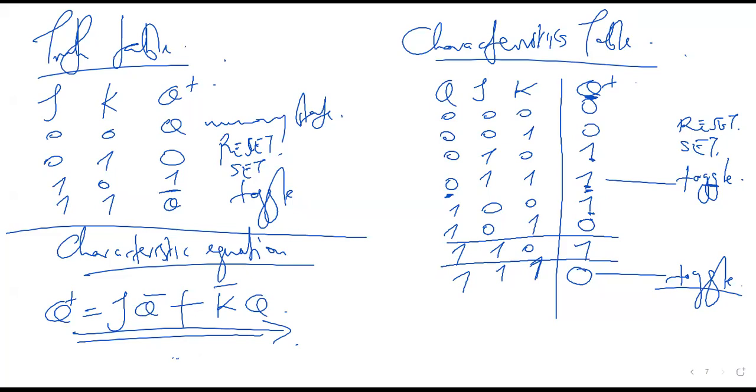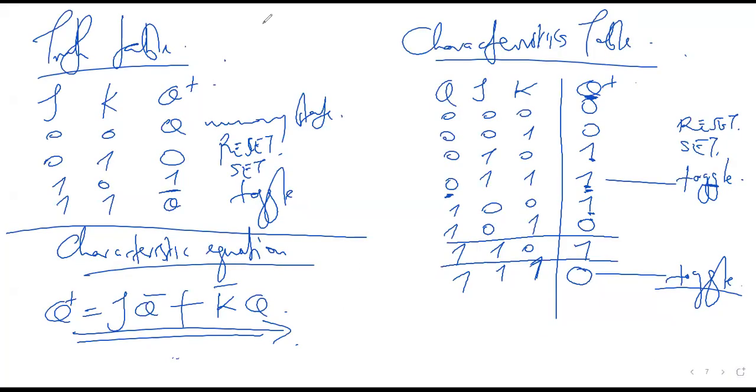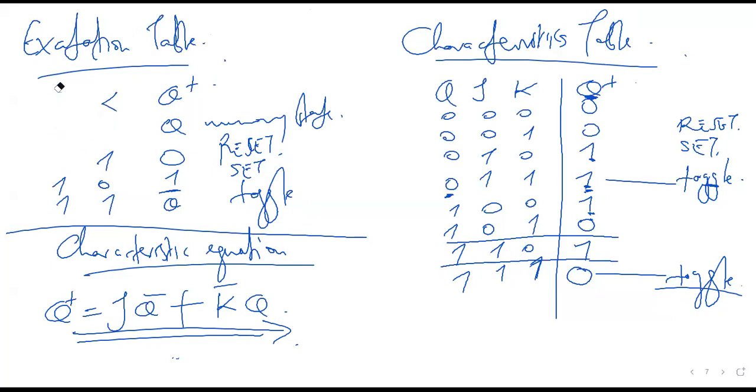Now, I can go on to find the, let me remove this, and we put the excitation table of the JK. The excitation table shows me what I need to do to change states.